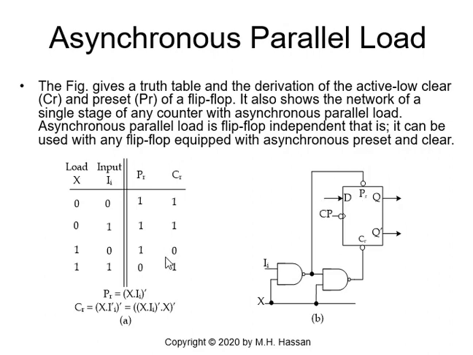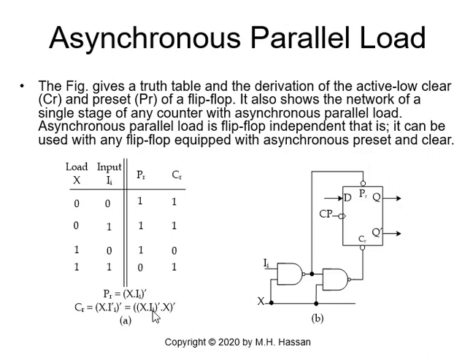While the clear is (X I prime) all prime, which with simple manipulation will be the preset NAND X. So if you take the preset NAND X to the clear, from the table, this is equivalent to this with simple Boolean algebra. You can work it out as an assignment.